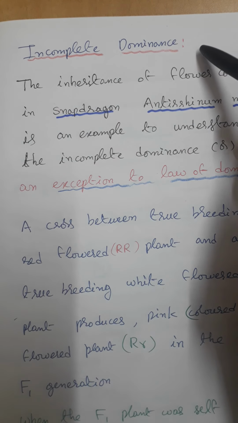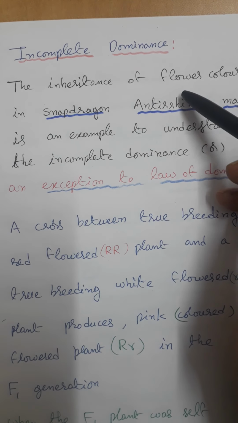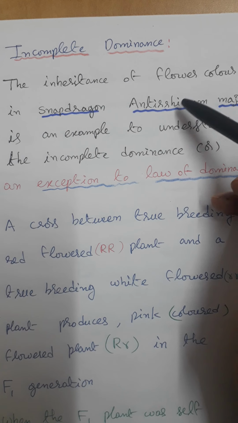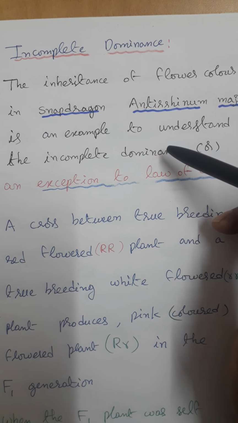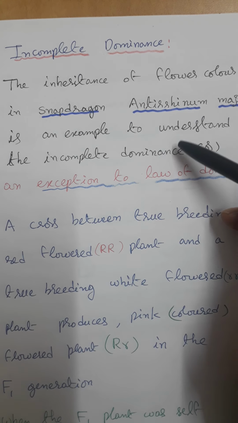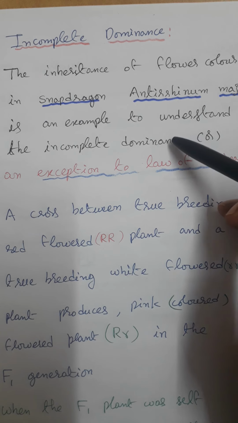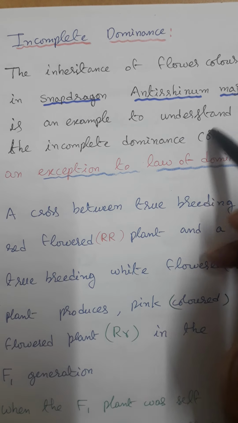Incomplete dominance. Next concept, incomplete dominance. The inheritance of flower color in snapdragon, Antirrhinum majus, is an example to understand incomplete dominance. It deviates from Mendel's laws.